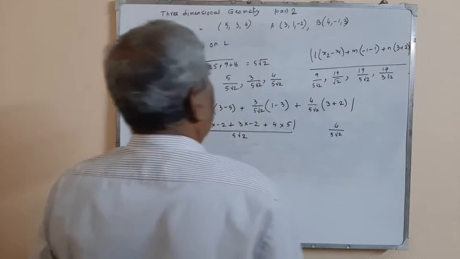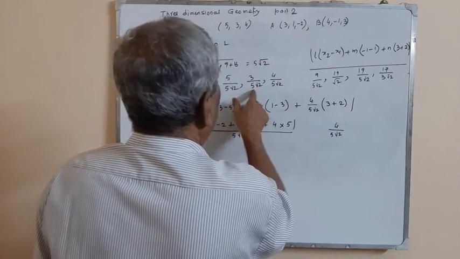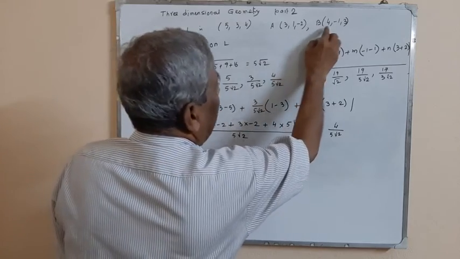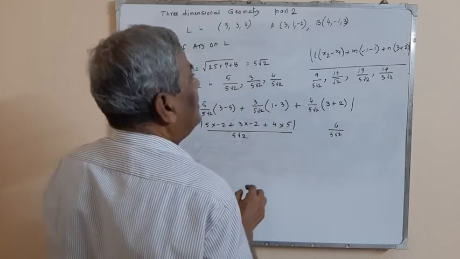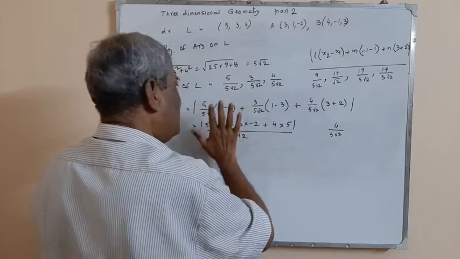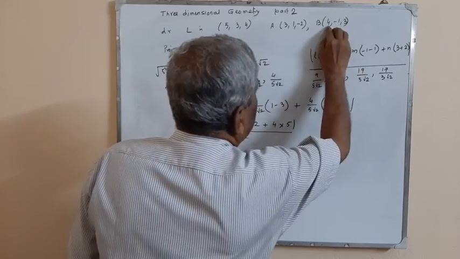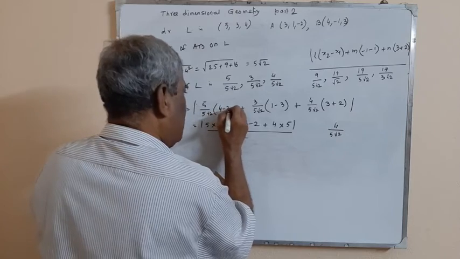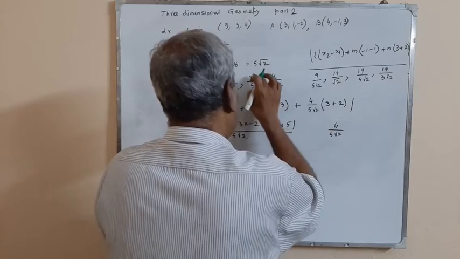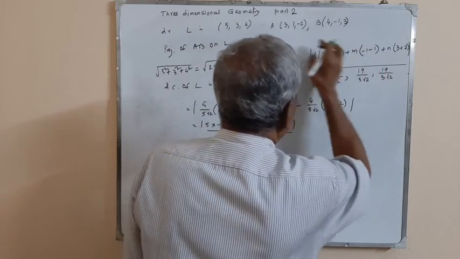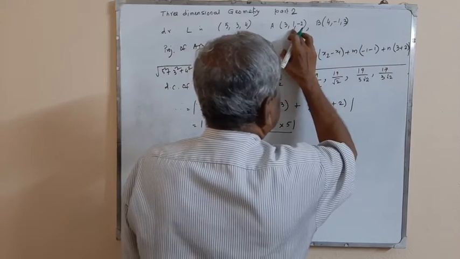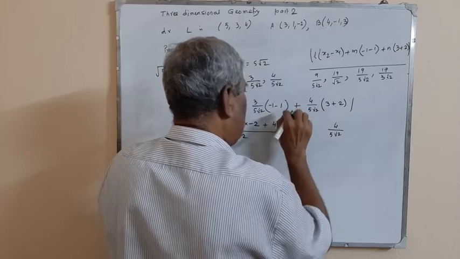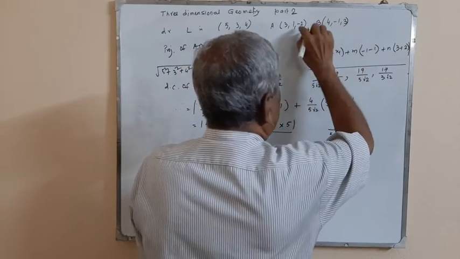Okay, then this is the direction cosine of the line, that is all right, and the formula is L into x2 minus x1, that is 4 minus 3, plus m, which is 3 by root 5, into y2 minus y1, that is minus 1 minus 1, equal to minus 2, plus 4 by root 5 into 3 minus plus 2.